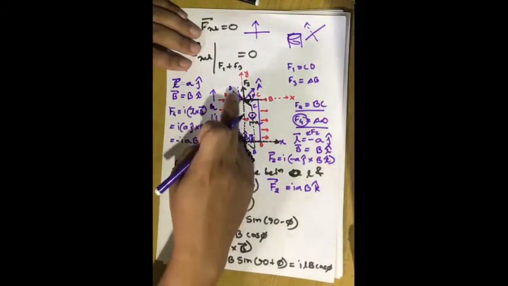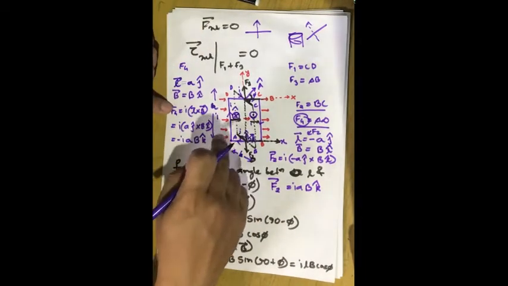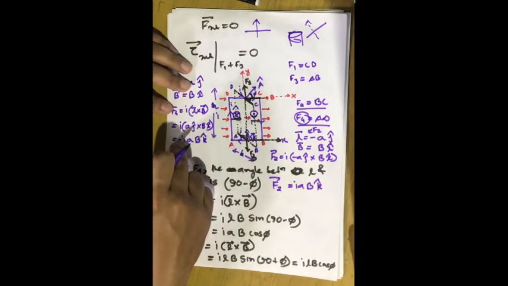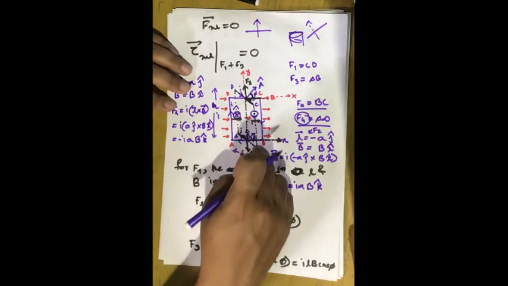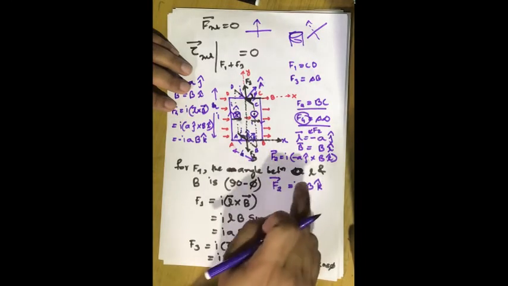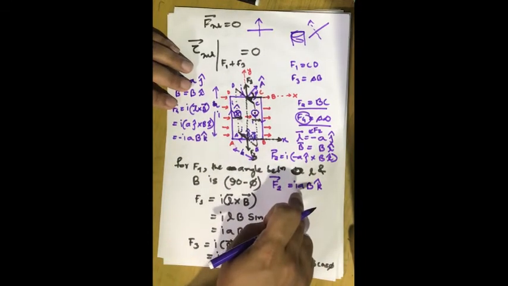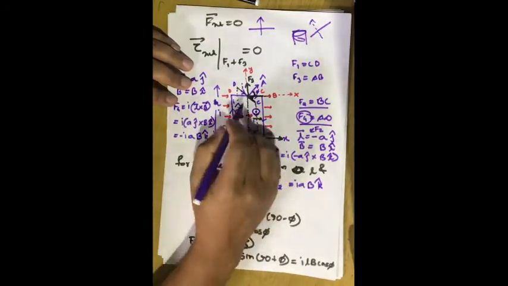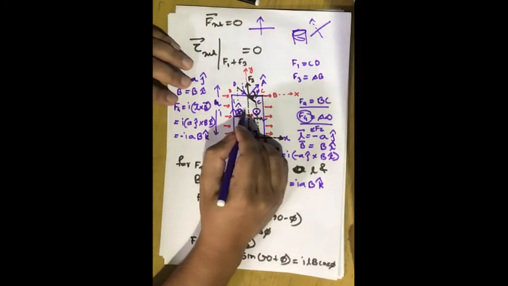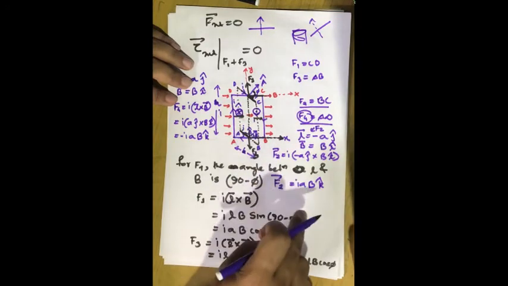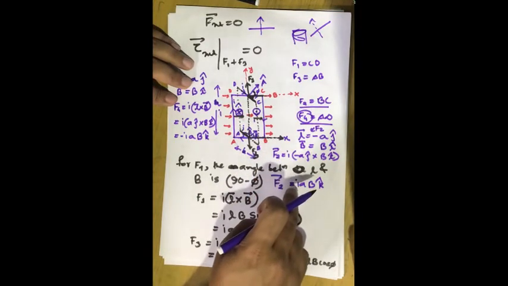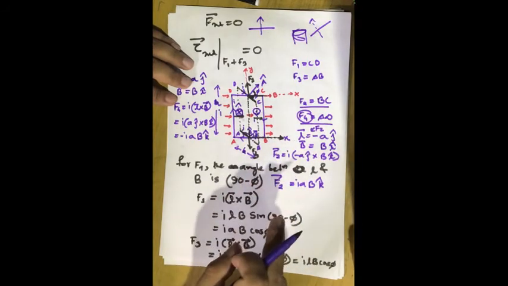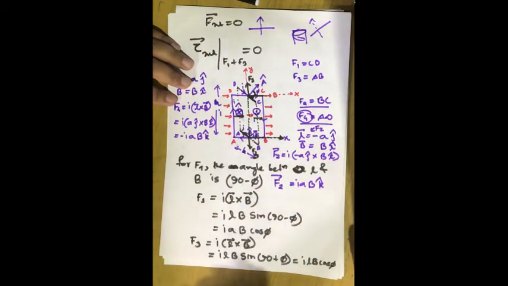Okay, so for AD, the force we have found is into the plane of paper, and its value is IAB, and for BC, the force we have found to be outside of the plane of paper, and its value will be IAB. Now you see these two forces are equal and opposite, one in the positive Z direction and another in the negative Z direction.